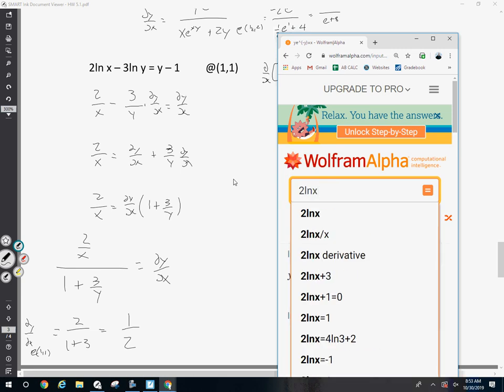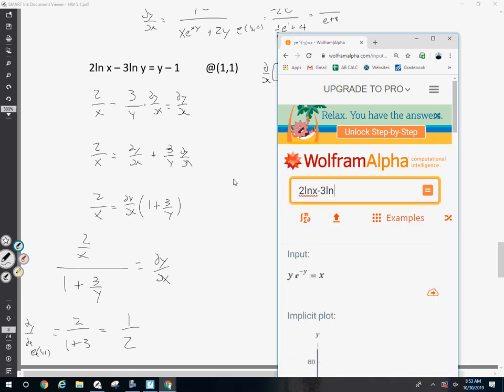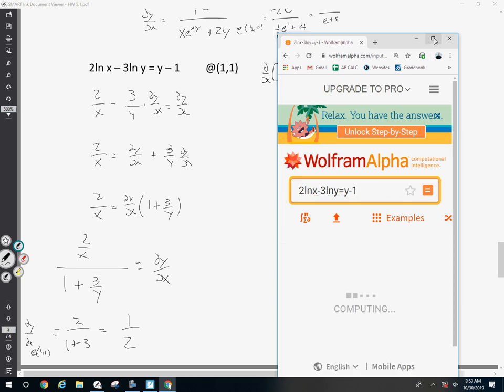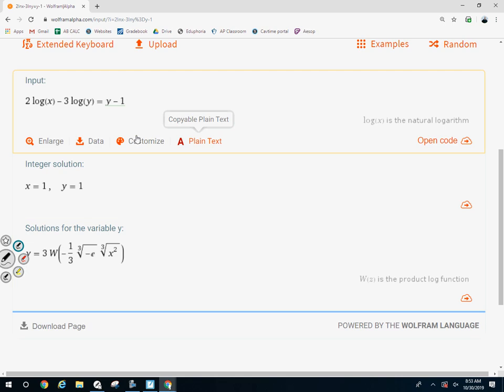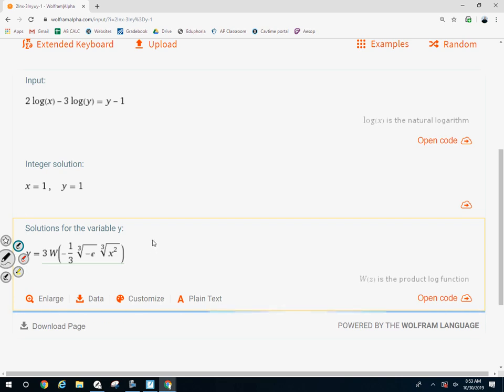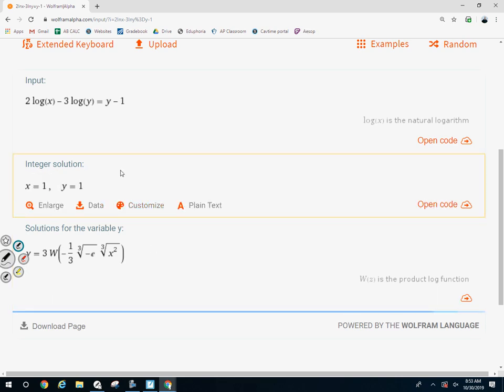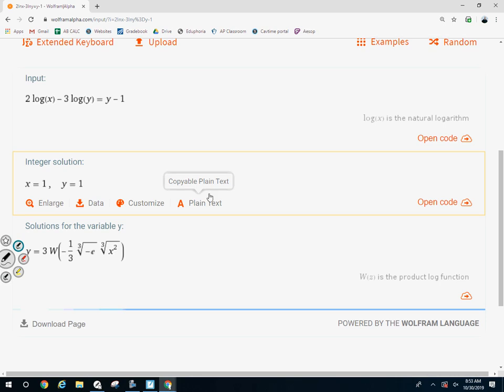log x minus 3 log y. I know I'm going to be contained to the first quadrant because I can't plug in any zeros or negatives into logs. So I'm looking in the first quadrant. I got an integer solution, which is what we looked at the tangent slope for.